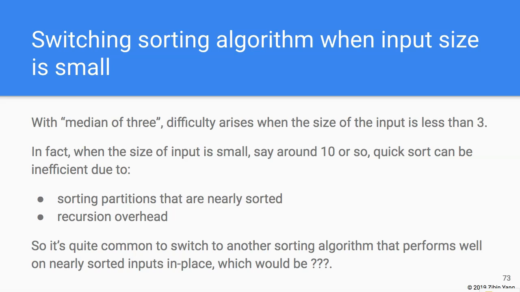So that's why it's a very common practice that for quicksort, when the size of the input becomes very small, we switch to another sorting algorithm. This sorting algorithm would be one that performs well when the input is nearly sorted, and it also sorts the input very naturally in place.